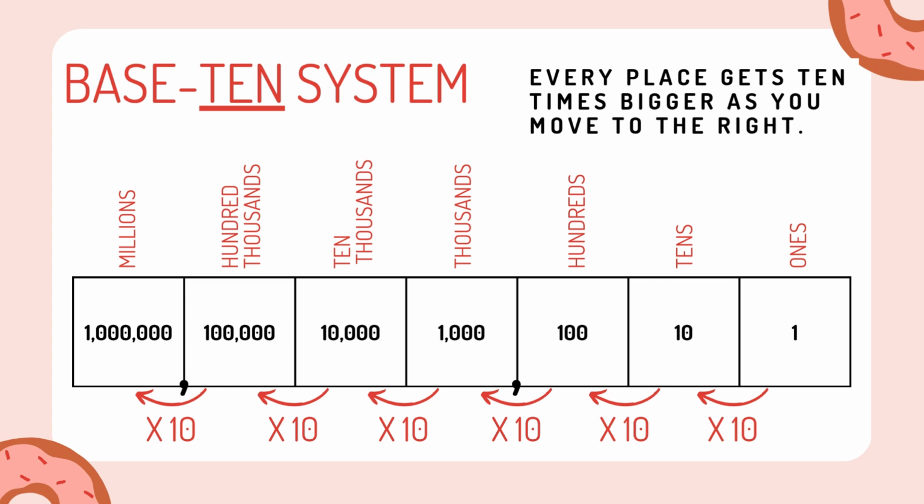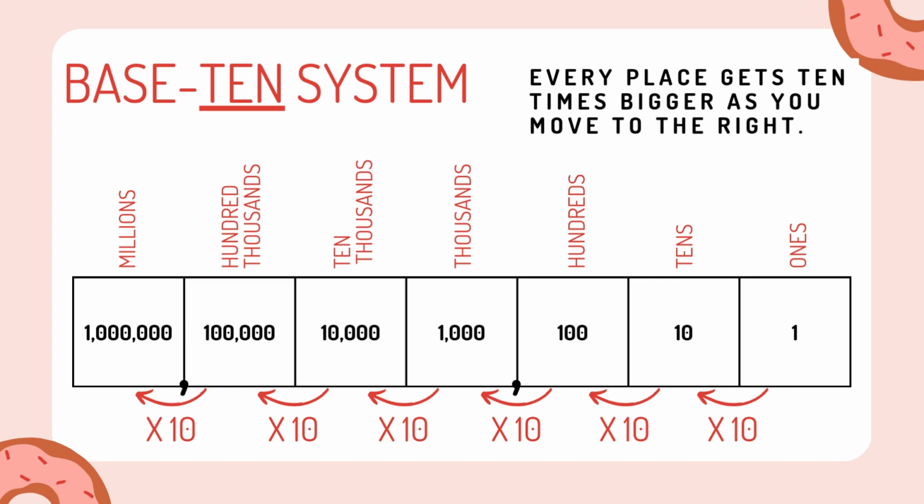In the base 10 system, each place is 10 times bigger than the one before it as you move to the left. For example, 10 ones makes a 10. 10 tens makes 100. This pattern continues all the way up to millions. You can see on this diagram how each place value grows by a factor of 10 as we go left.